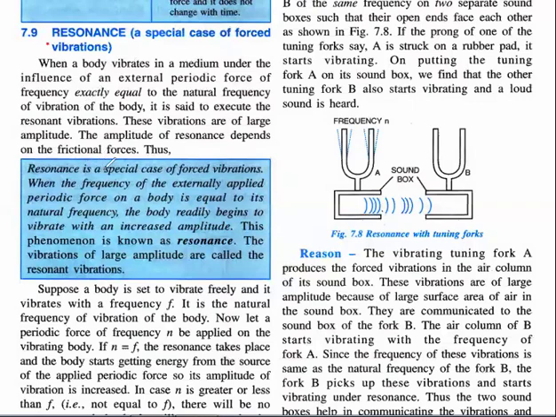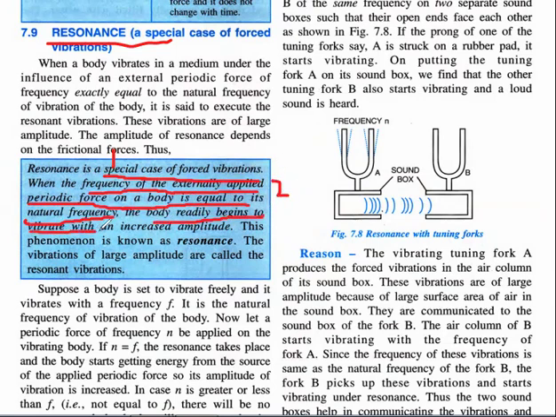And resonance, it is a special case of forced vibration. This is the first point you have to remember. One, externally applied periodic force. Two, when the frequency of externally applied periodic force on the body is equal to its natural frequency. Three, the body readily begins to vibrate with an increased amplitude.